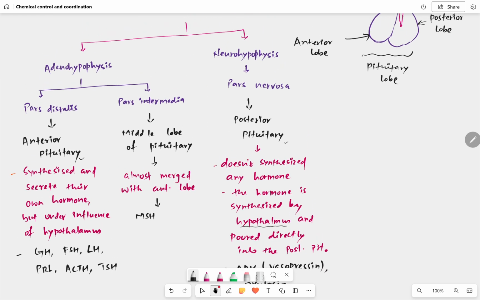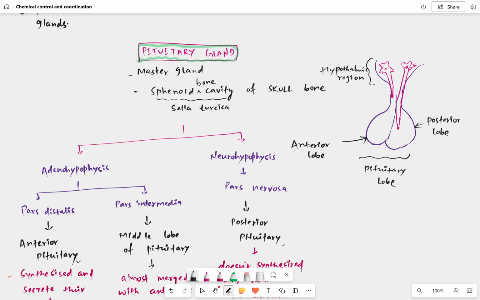You can see from the diagram that this is the anterior lobe and this is the posterior lobe, where the neurosecretory cells of the hypothalamus are directly connected with the posterior lobe, and the terminal ends of these neurosecretory cells open into the posterior lobe and pour the secretion into it.